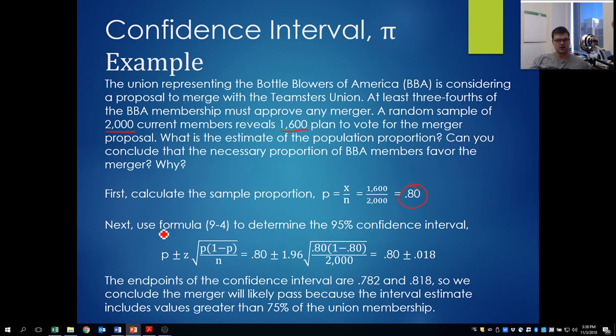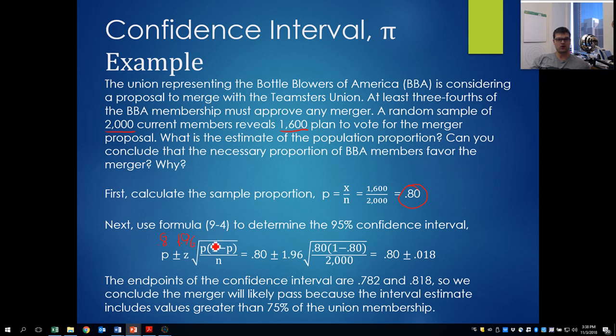So next, we use formula 9.4 to determine the 95% confidence interval. We have P, which is 0.8, plus or minus Z, so 1.96.